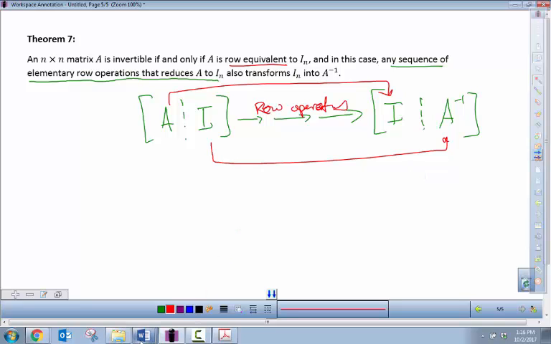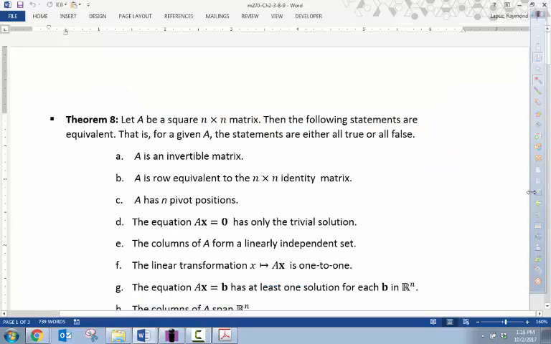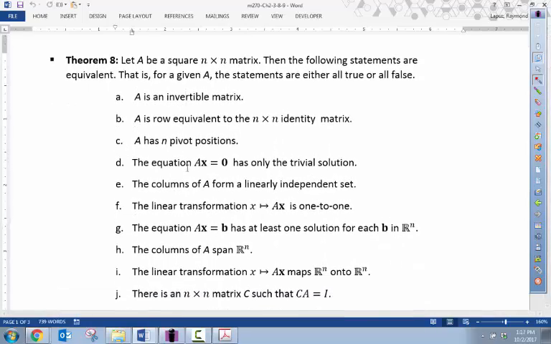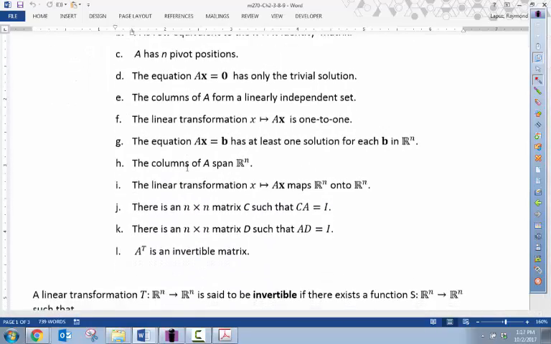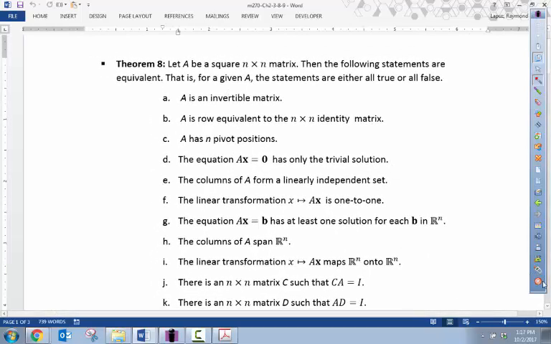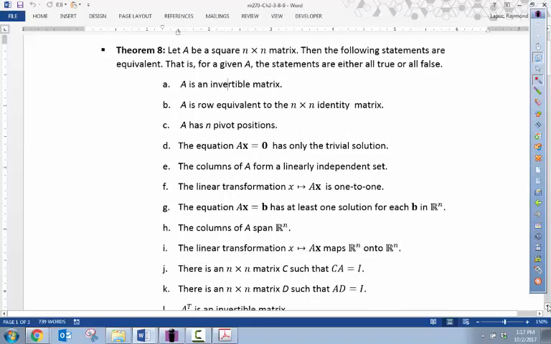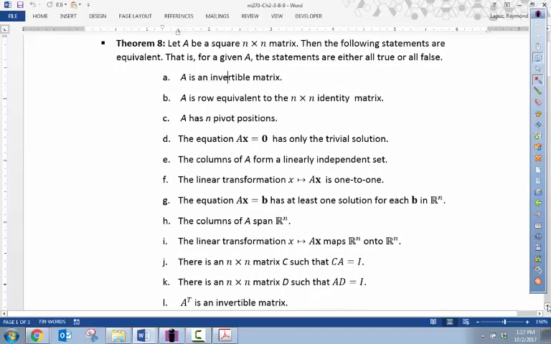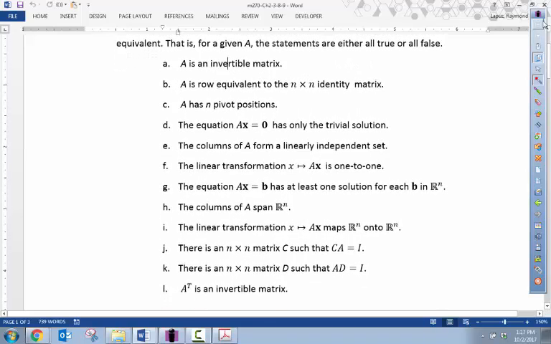Let's jump to the theorem that I wanted to tell you about. This theorem is in 2.3.